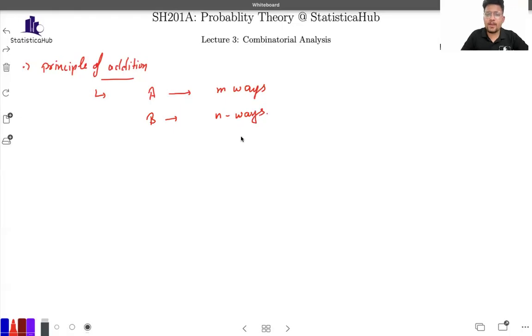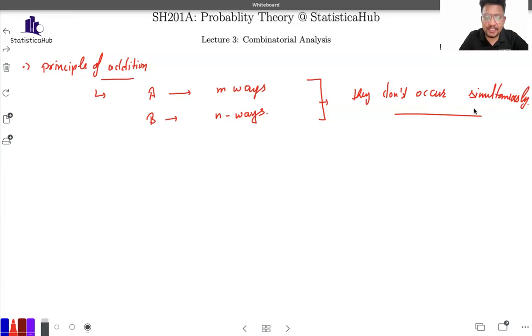There is one more condition, that they don't occur simultaneously. So this is the given condition: we have two events, event A and event B, and event A can occur in M ways, B can occur in N ways.